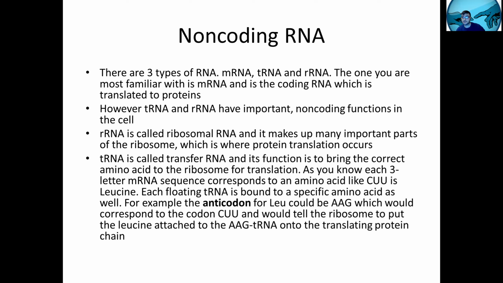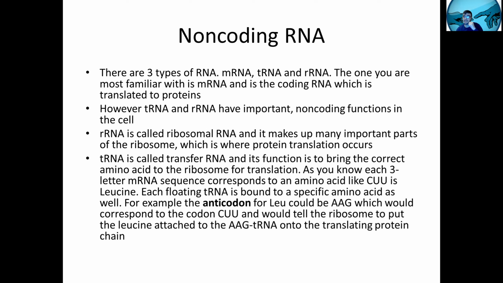tRNA is called transfer RNA, and it has a very important function in translation. Its function is to bring the correct amino acid to the ribosome for translation. As you know, each 3-letter mRNA sequence called a codon corresponds to an amino acid. For example, CUU corresponds to leucine. Each floating tRNA is bound to a specific amino acid as well.